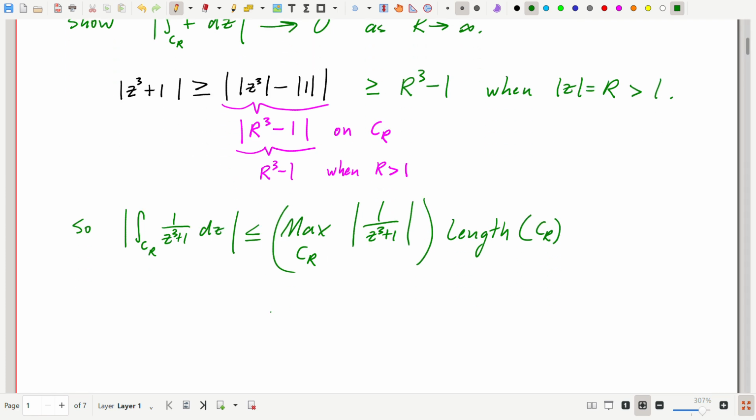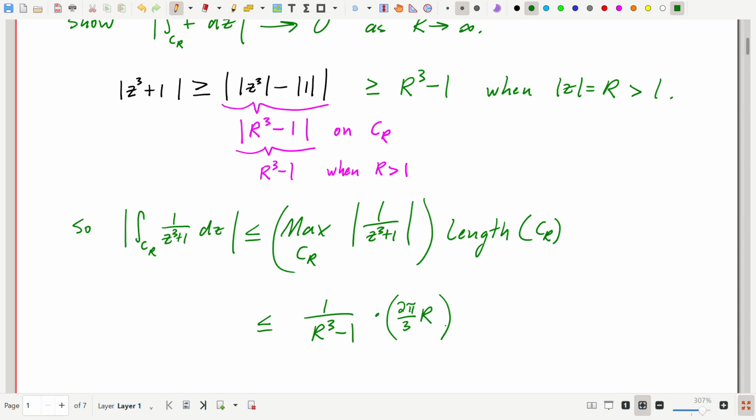And so we would get that this is less than or equal to 1 over r cubed minus 1 times the length of that thing, which is not a whole circle, it's 2 pi over 3 r. Although you could put 2 pi r there because it's certainly less than the length of the whole circle.